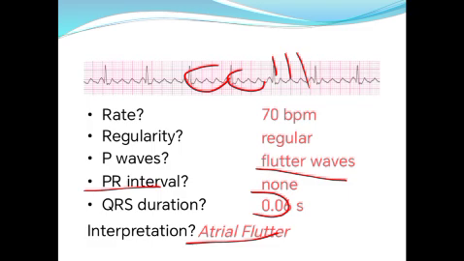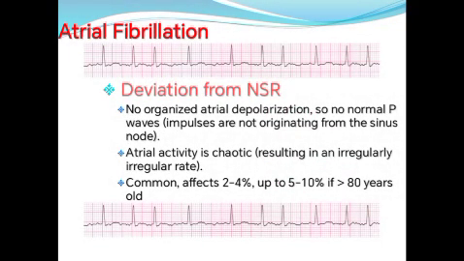The problem in atrial flutter and atrial fibrillation is that we have no distinctive firing, especially in atrial fibrillation. There are a lot of points of firing, which is very chaotic. So that gives us a very irregular ECG. Here, this is atrial fibrillation, definitely a deviation from normal sinus rhythm.